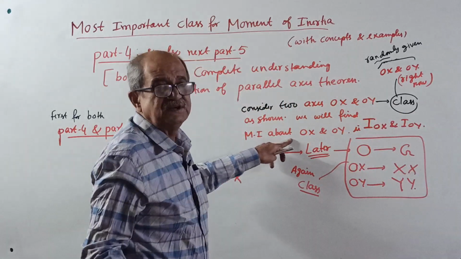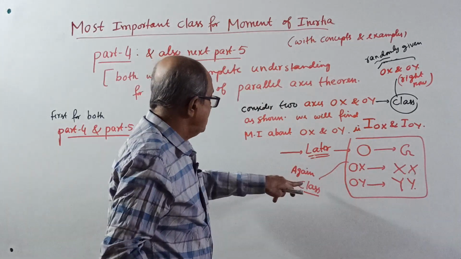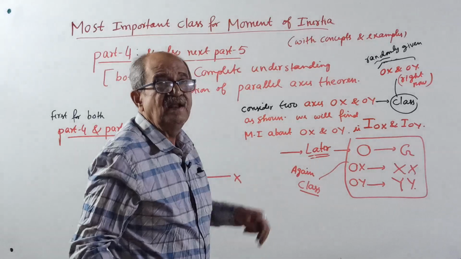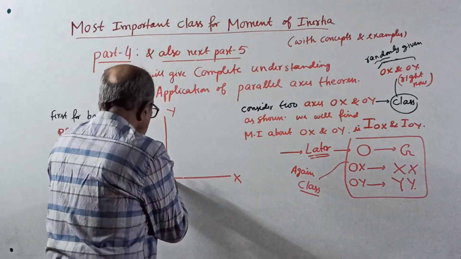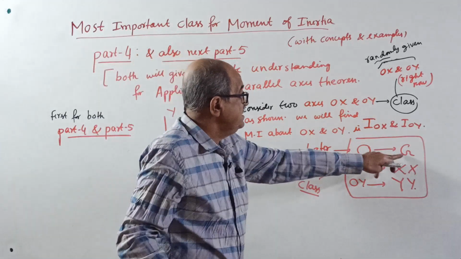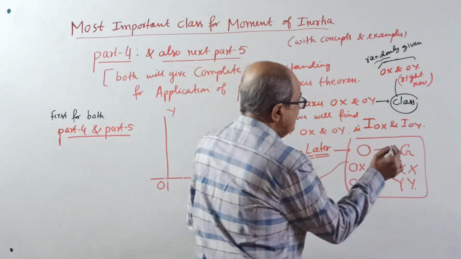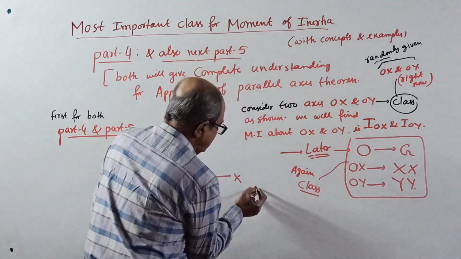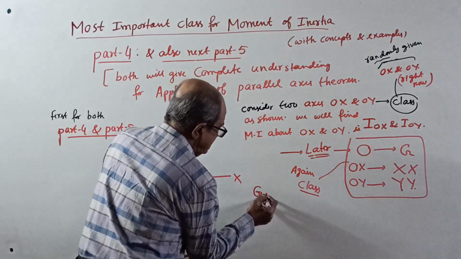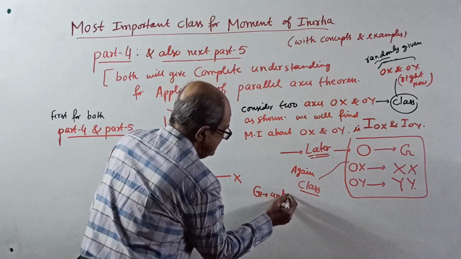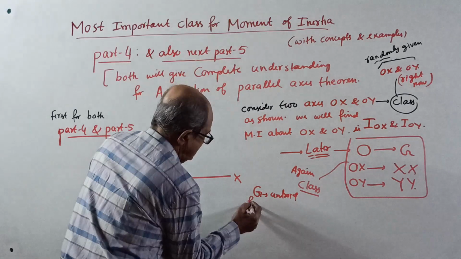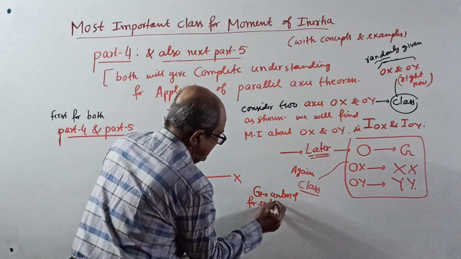Okay, now this is the first one. But note again, in class, later this O is going to be G, capital G. See, red color. G stands for the centroid for the entire cross section.